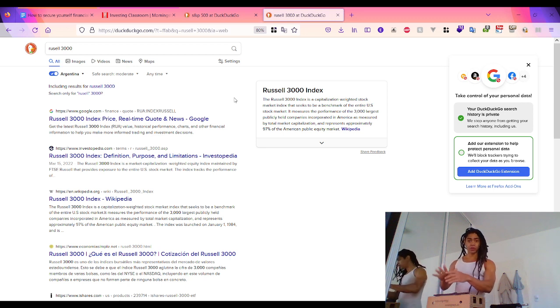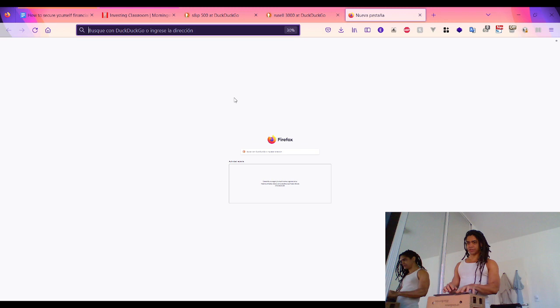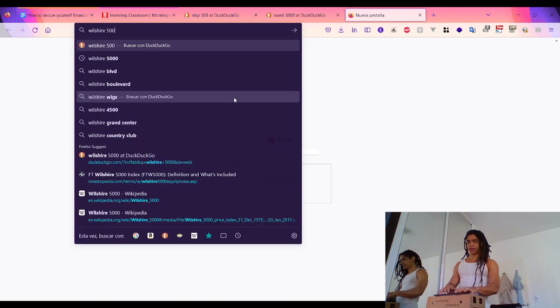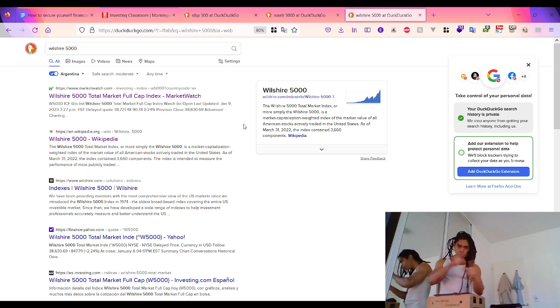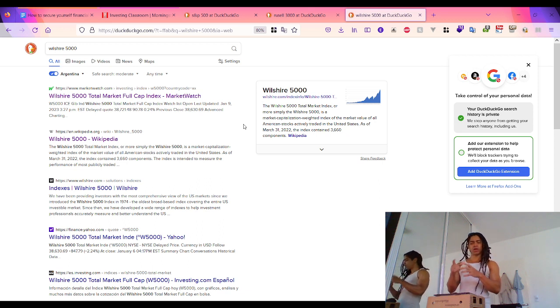Again, I'm still looking and learning about this, whereas the Wilshire 5000 is a market capitalization weighted index of the market value of all the American stock actively traded in the United States.